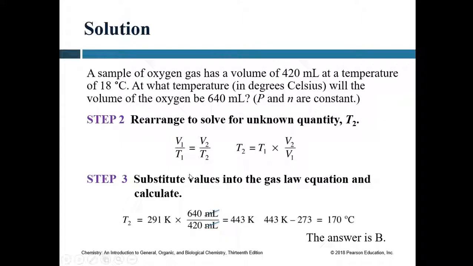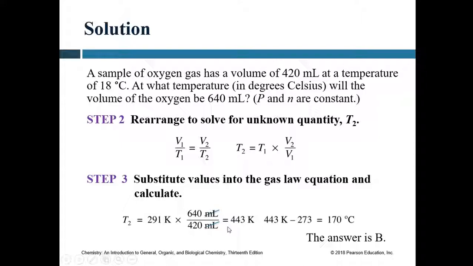We need to find T2. So we have our first temperature, which we just calculated, in Kelvin, 291 Kelvin. We have the second volume, which is 640 milliliters. We have the first volume, so the second volume is going to be over the first volume, 420.